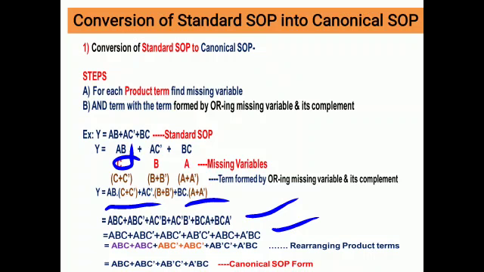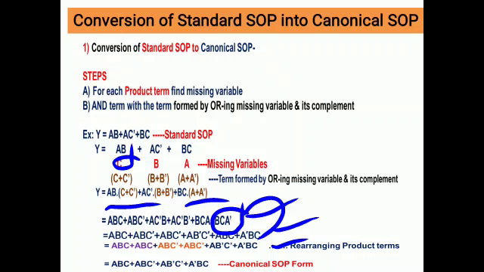For example, in this BC A bar, A is at the third position, so you have to write it as A bar BC. After writing this, in the next step you have to take the same terms together. Rearrange these terms like ABC plus ABC. These are the like terms, similar terms, and so on.